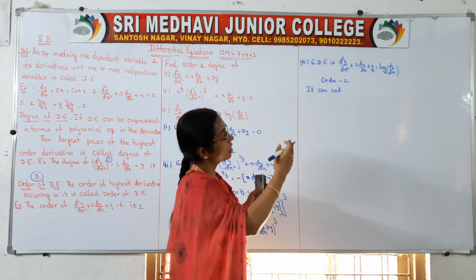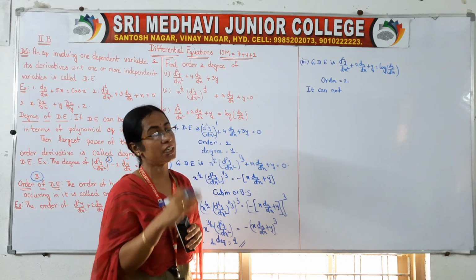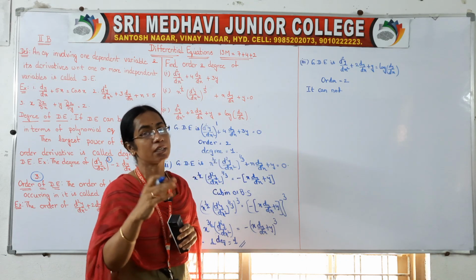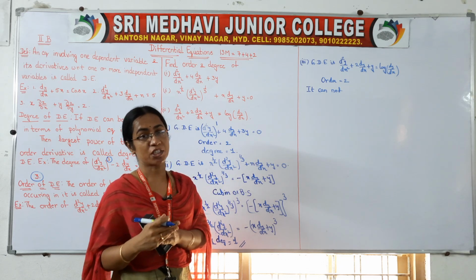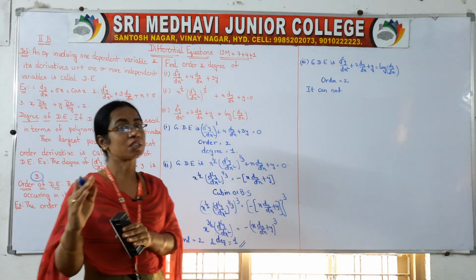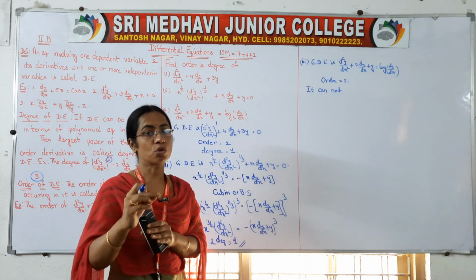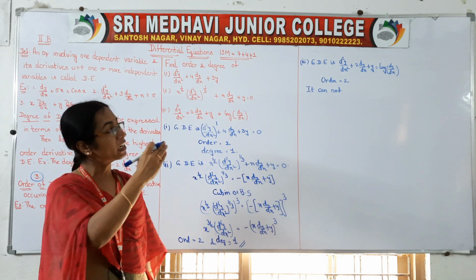Suppose dy by dx has the power 1 by 2, then we square both sides. If dy by dx has 1 by 3, then we cube both sides. We will make it into a polynomial equation. A polynomial equation in terms of derivatives means derivatives must contain powers like 2, 3, 4. But here, log of dy by dx we cannot convert.